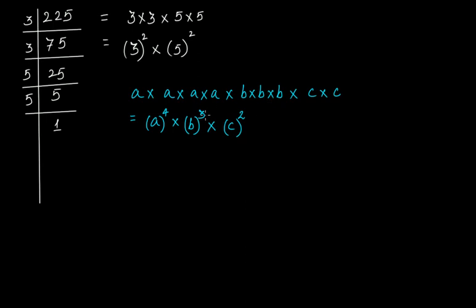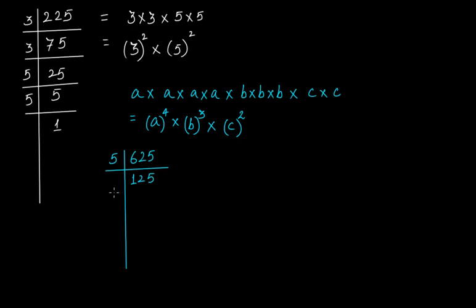So this is the important thing, that we can write numbers this way. Imagine that we have a number like 625. Let's say we have 625. So if you do the prime factorization of 625, what do we get? We can divide by 5 only. So 5 times 125, right?